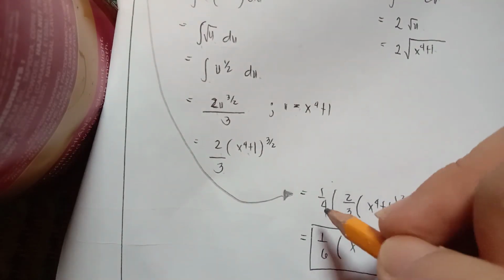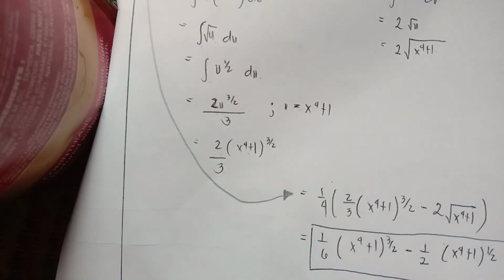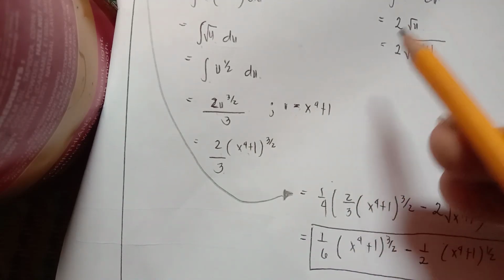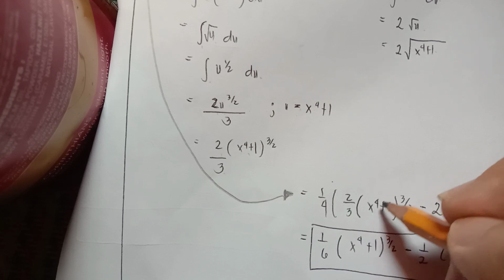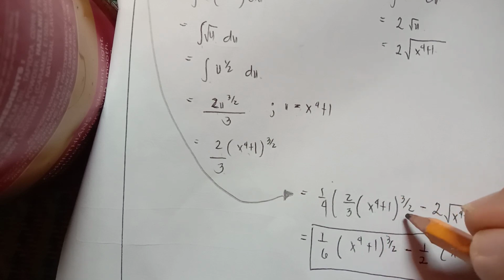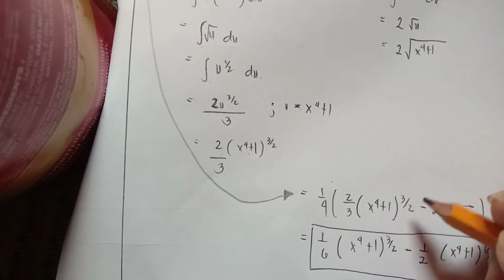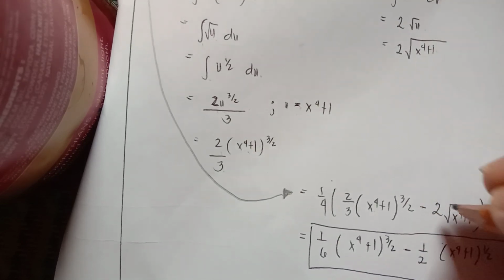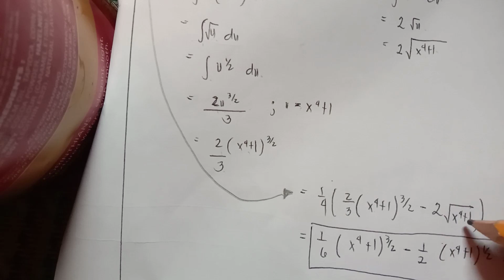Pagsamain natin, so magiging is equals now to 1/4 times the quantity 2 over 3 x raised to the 4 power plus 1 raised to 3/2 minus yung dalawang term natin, minus 2 square root of x to the fourth power plus 1.